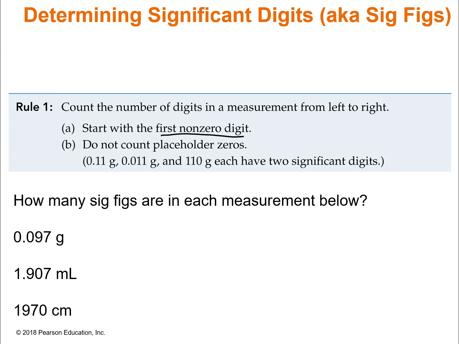So let's do this first example here. The first non-zero digit is 9, okay? So this is where we start. And then we count how many non-zero digits we have, and we count all of the significant zeros. We've got 2 sig figs here, the 9 and the 7.